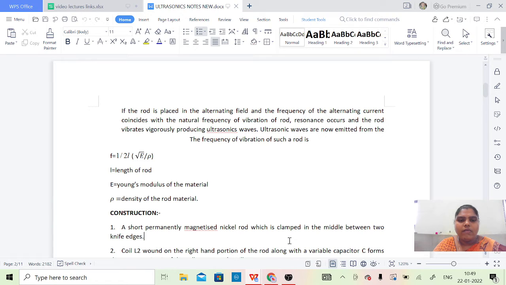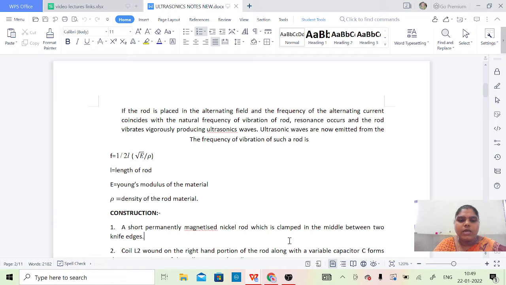That means whenever the frequency of the applied alternating field matches the natural frequency of vibration of the rod, resonance is produced, so the rod vibrates and produces ultrasonic waves. Ultrasonic waves are thus emitted at the frequency of vibration of the rod.